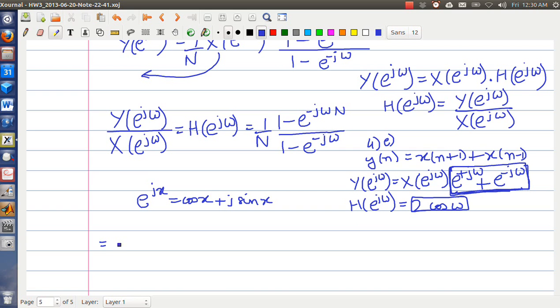But a better method would just be doing this. If you remember, we convert this into a sine by multiplying and dividing by half of that. So we do e^{jωN/2}, e^{-jωN/2}. Right, so we are not really changing anything because this is 1.